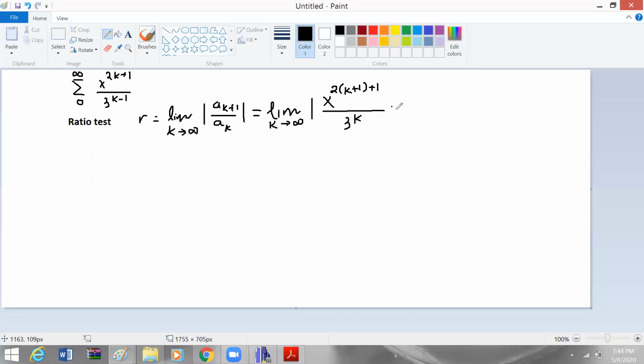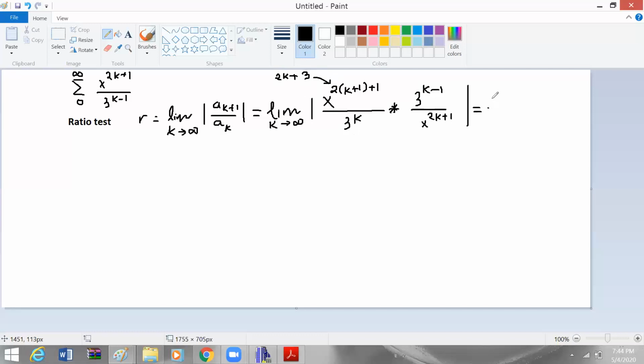Then we divide by the a to the k term, meaning we multiply by the reciprocal, 3 to the k minus 1 over x to the 2k plus 1. To save space, this is x to the 2k plus 3, and the bottom is 3k minus 1 over 3k.